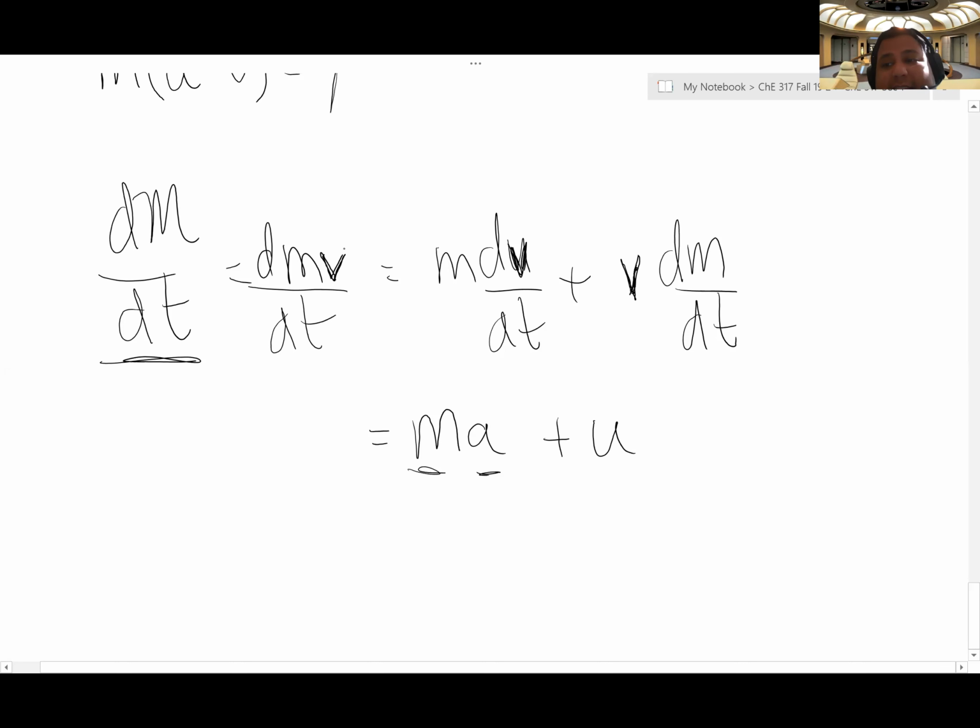Is there any mass being added to the trolley? I guess I should ask that. Is it from the jet? The mass is being added from the jet, right? So this is essentially the mass flow rate of the jet, which would be rho u A.